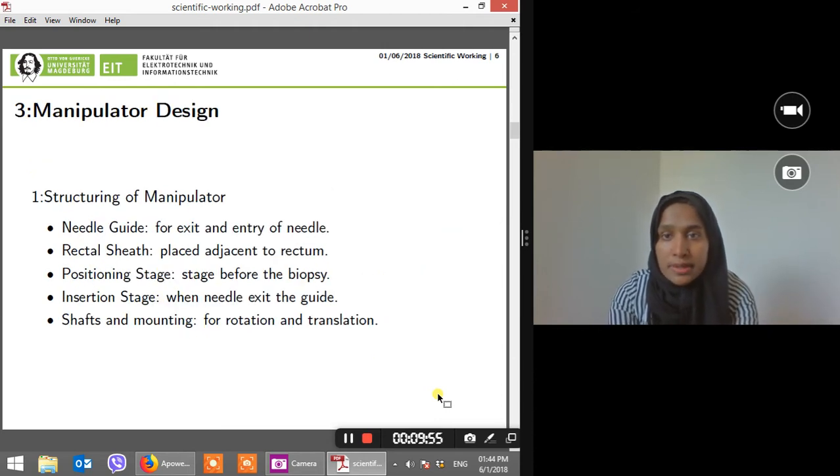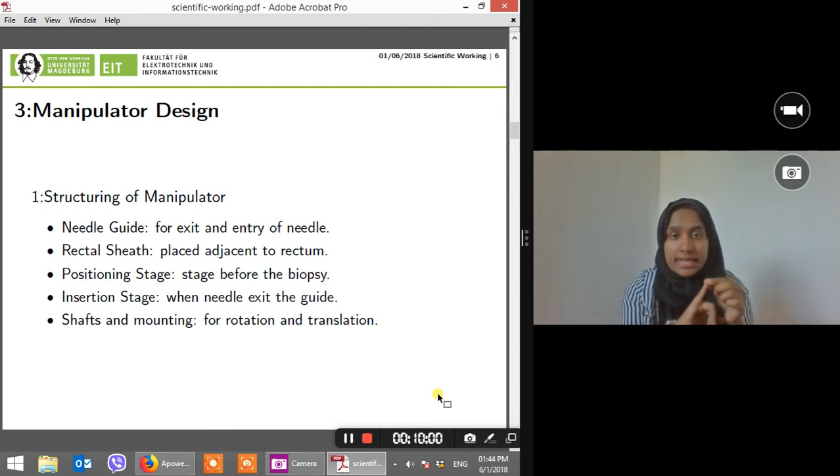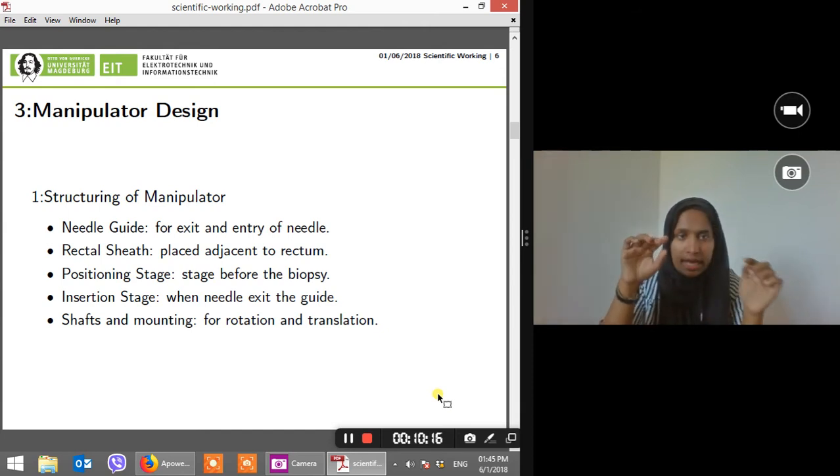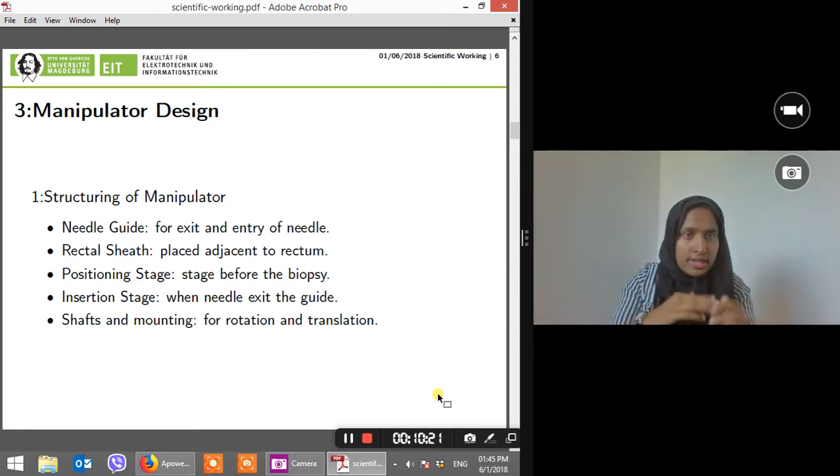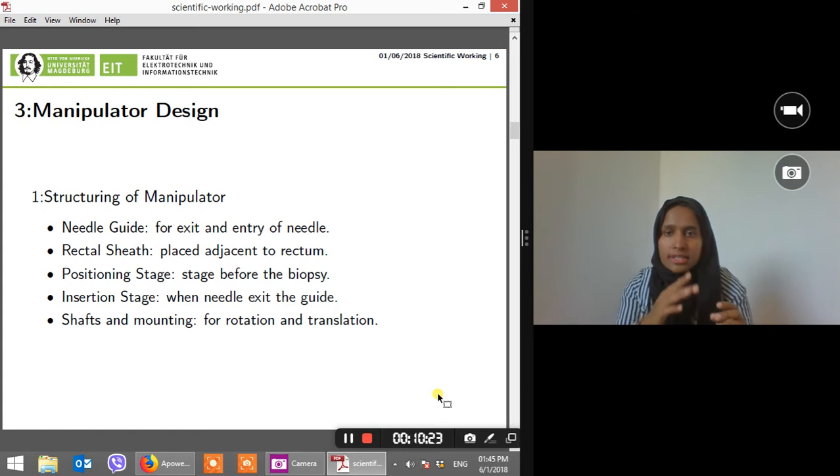Going further, the manipulator design has a few components. One is the needle guide, which is responsible for the exit and entrance of the needle; the rectal sheath, which is placed adjacent to the rectum of the patient; and then the needle. I will be showing a picture of how the rectal sheath works and how the needle exits and enters the needle guide. The positioning stage is the stage before biopsy, when there is no actuation.